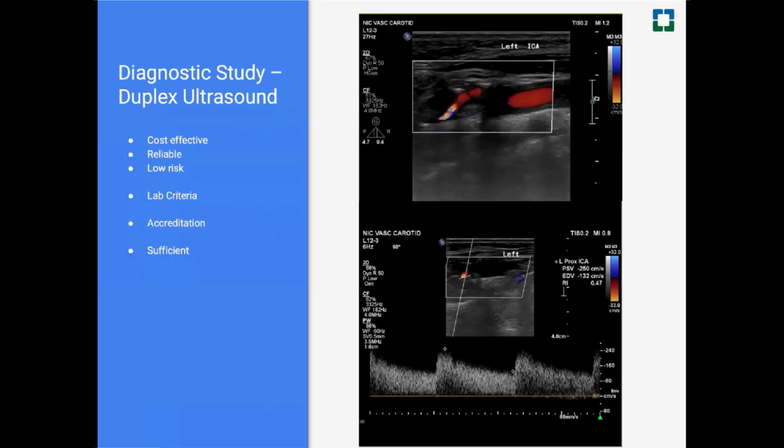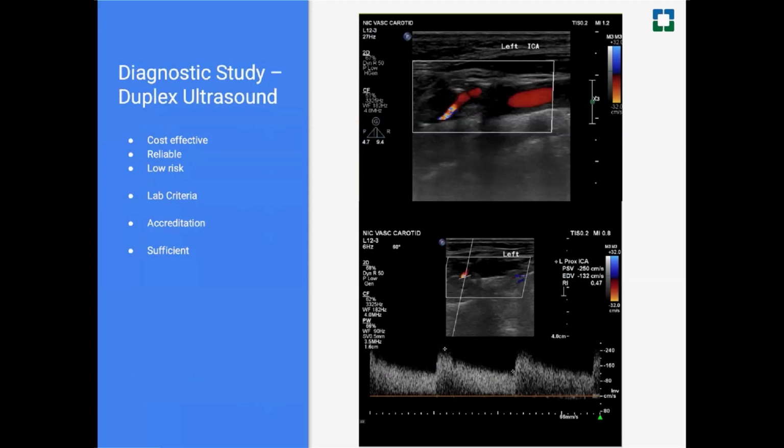The panel of diagnostic studies available for us to evaluate extracranial carotid disease are pretty much available at most hospitals, and it starts with a good duplex ultrasound. Many hospitals will offer it in the Department of Radiology.